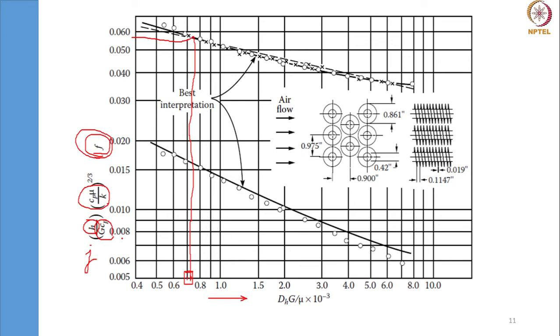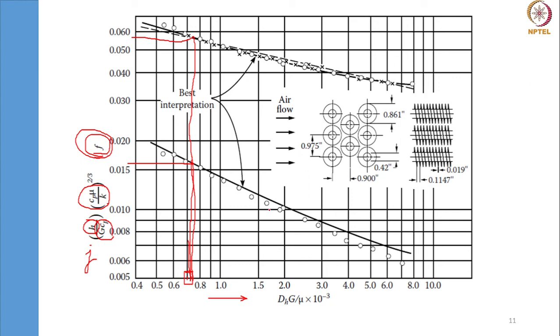The same argument holds good for both friction factor and Colburn j factor. So once we know the Reynolds number, which is 729, traverse through this 729 vertical line, and wherever we cut this curve for Colburn j factor, we are going to draw a horizontal line back there.